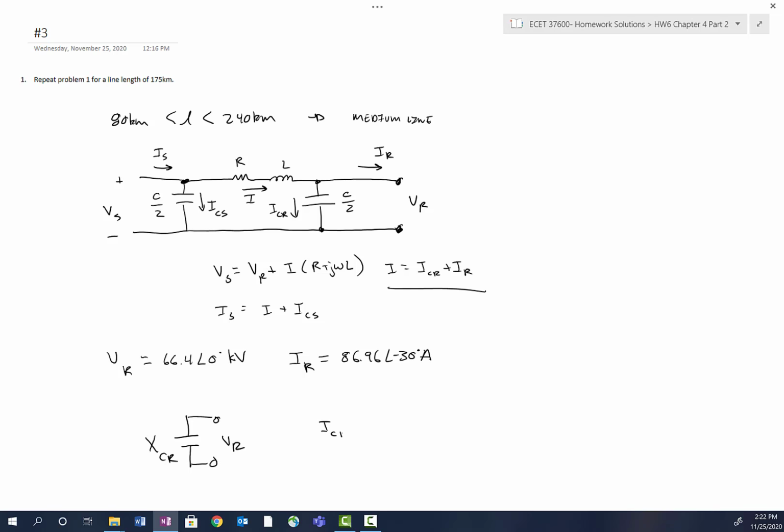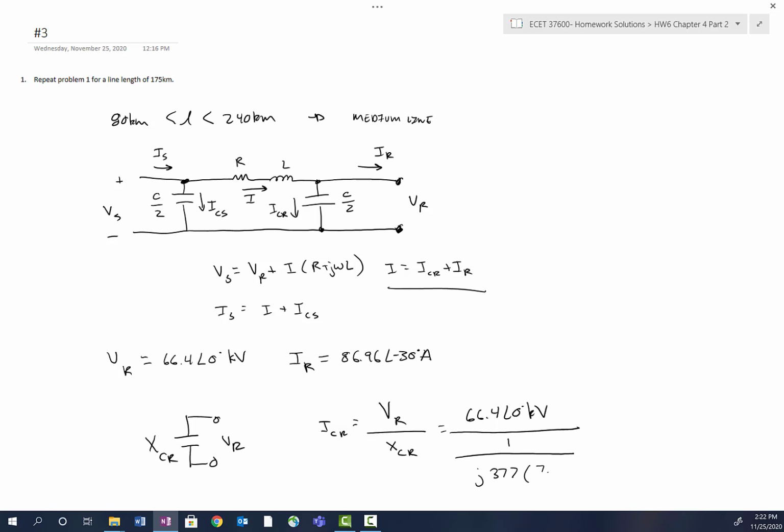So ICR is going to be equal to the voltage across the capacitor, which in this case was just the receiving end voltage, divided by XCR. So that was 66.4 angle 0 degrees kV, and then XCR is 1 divided by j times 377, which is just 2πf for a 60 hertz system.